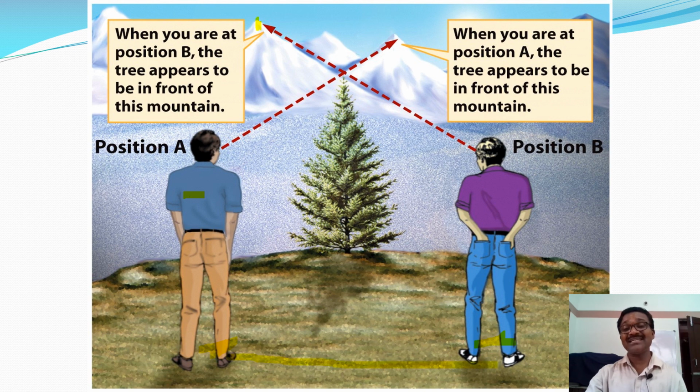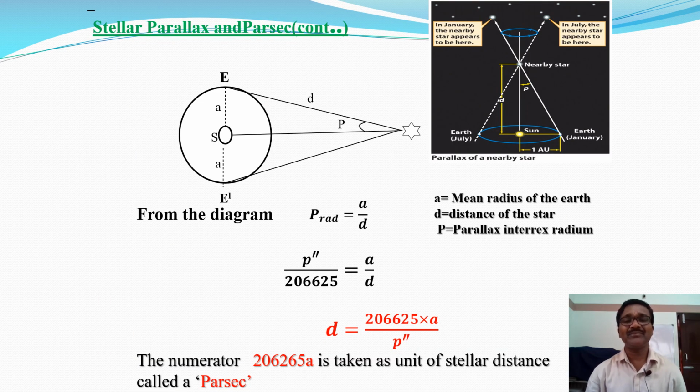As you know, the distance between these two positions, when you focus on the top of the tree by relative motion, we get some angle here. That angle we call parallax. From the last slide we learned this definition: parallax is the angle made at any star by the mean radius of the Earth's orbit.